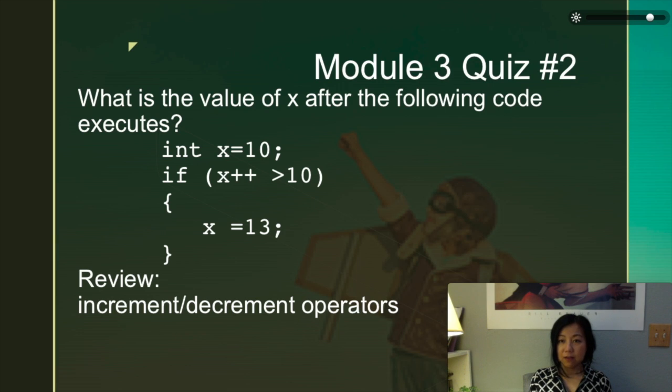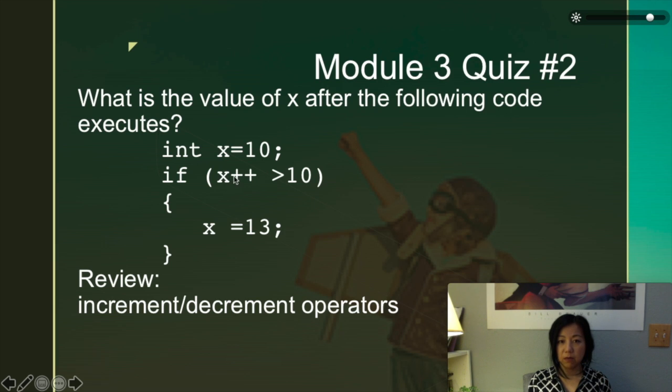Another question that seems to be problematic for you all is this one, which I believe is probably a not complete understanding of the increment and decrement operators. Look at the code. It starts with x equals 10. And this is the line where you probably get confused.